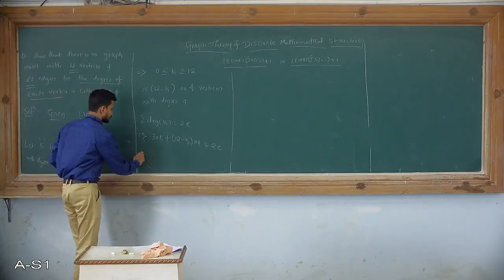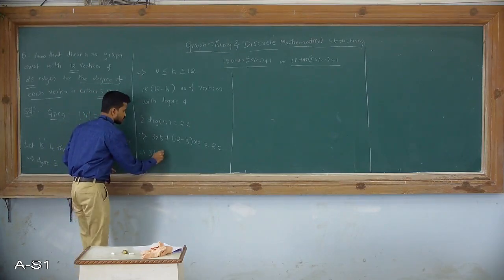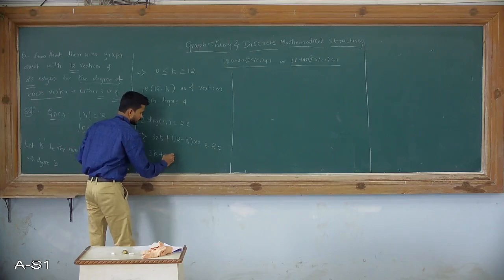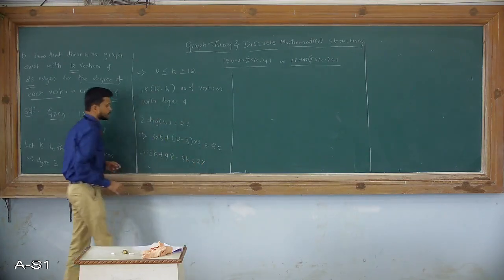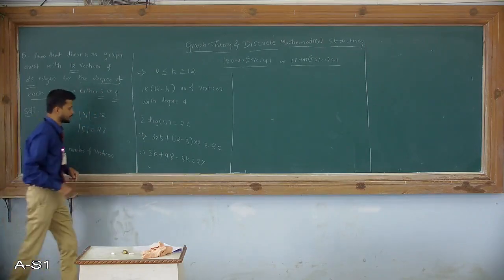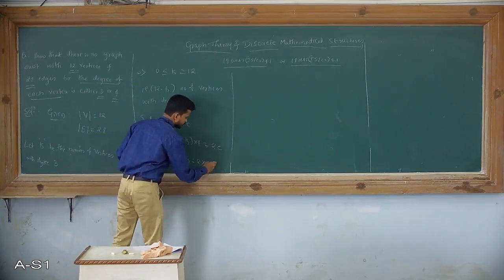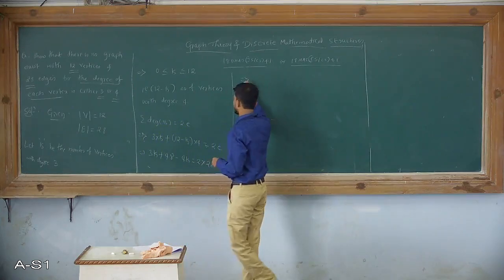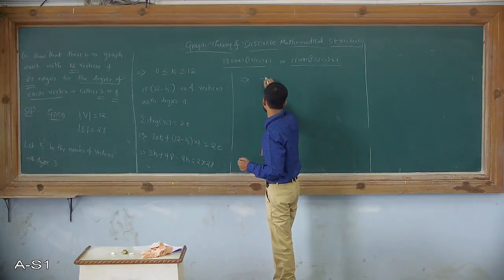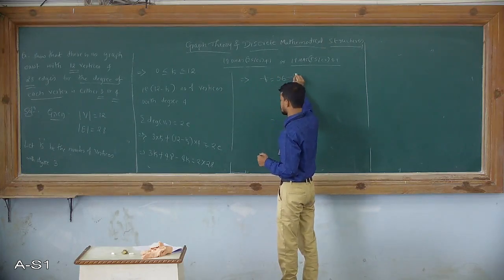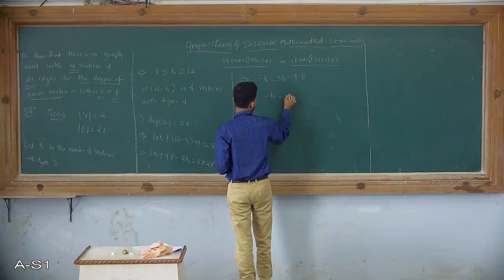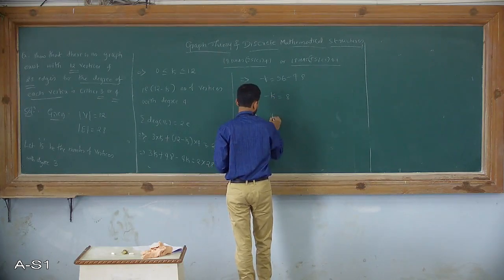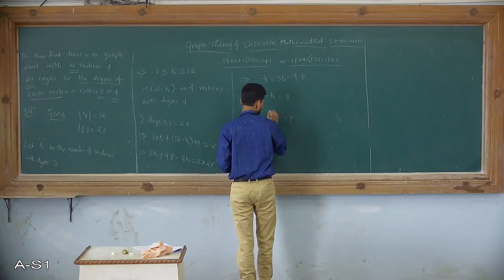So 3K plus 48 minus 4K is equal to 2 times E. Here E stands for the number of edges, that is 28. So 3K minus 4K, that is minus K, is equal to 56 minus 48, which implies minus K is equal to 8, which implies K is equal to minus 8.